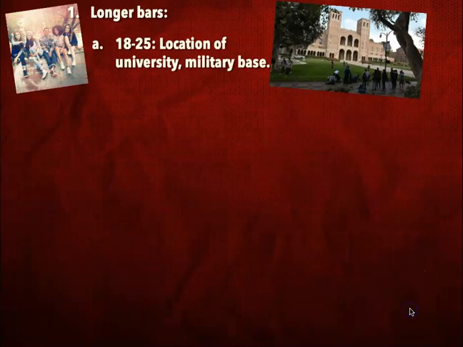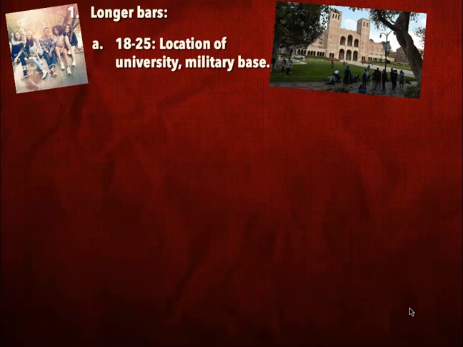Let's see, another example. If you see longer bars on a population pyramid, kind of down lower, maybe in those cohorts, 18 to 25 years old, you can usually, if there's nothing else pointing to it, deduce from that something about the location you're focusing on. If it's a population pyramid for just a city and you see these really long bars down there, that 18 to 25 age range for men and women, you could probably make the leap and say, well, maybe there's a big university there and it attracts a lot of young people.